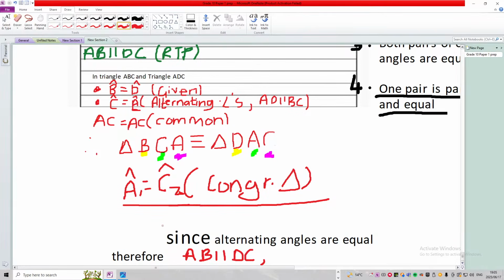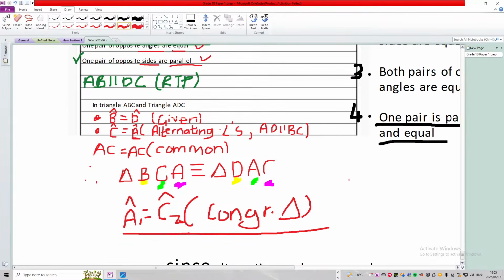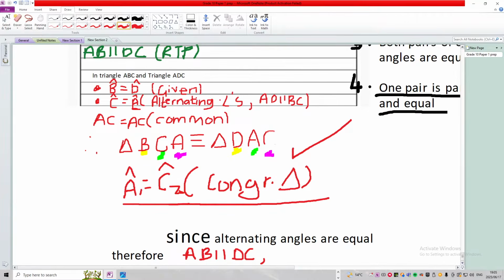We are proving that the lines are parallel by finding that the alternating angles are equal. We only found that the alternating angles are equal not because of the lines being parallel, but because the triangles are congruent.